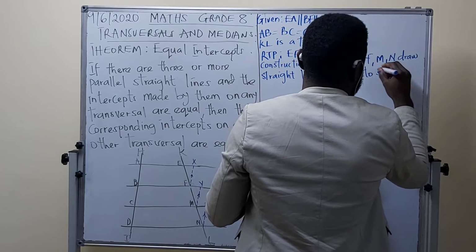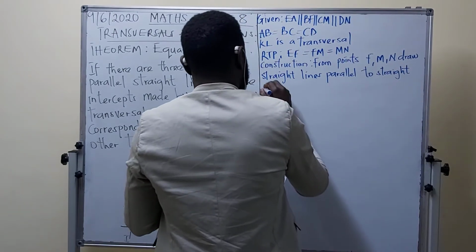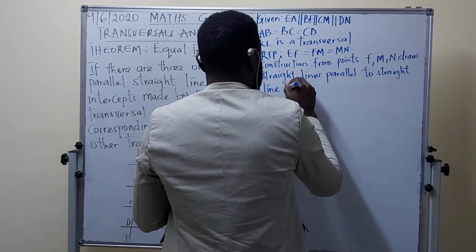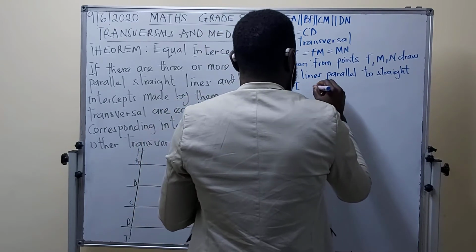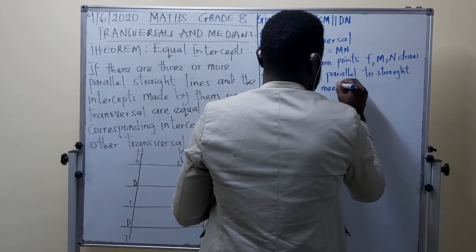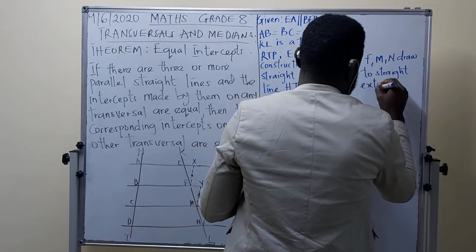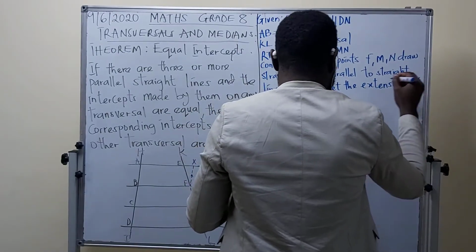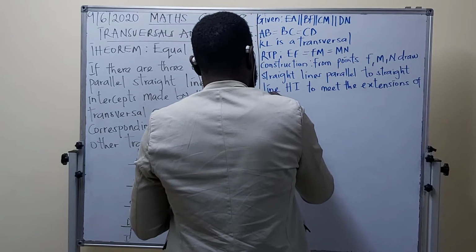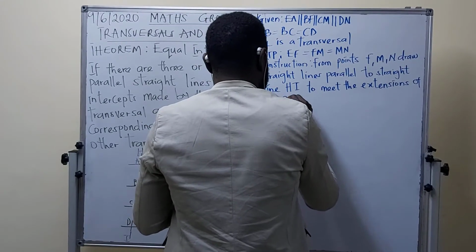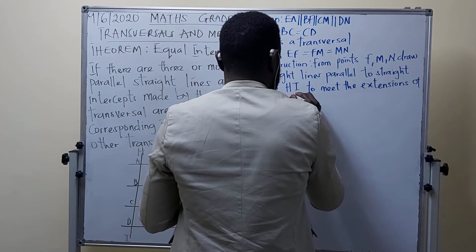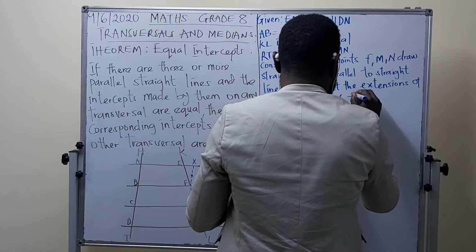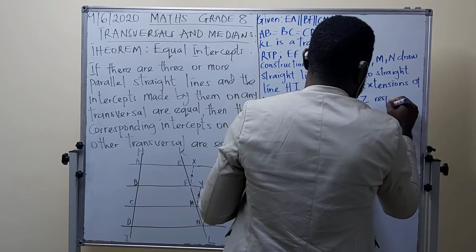Straight line HI to meet by extensions of AE, BF, and then CM at X, Y, Z respectively.